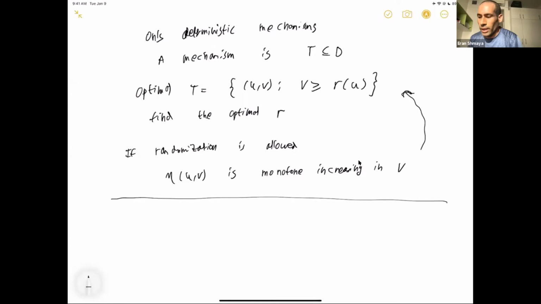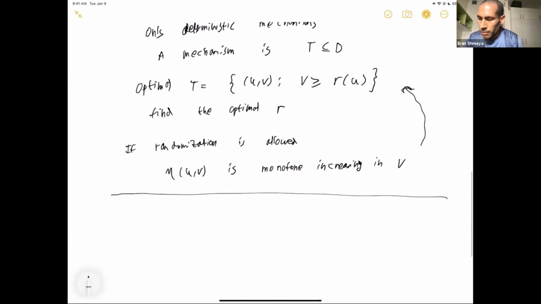So let's try to find a mechanism with worst case regret R. Suppose that I'm trying to find a mechanism with worst case regret R. The main thing you want to remember from this talk is that the principal has two fears that eat him.